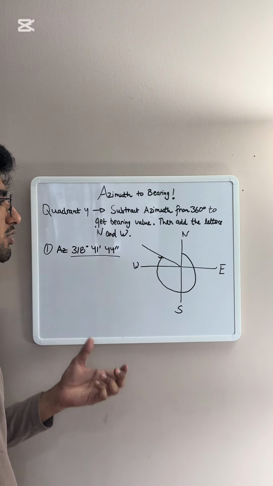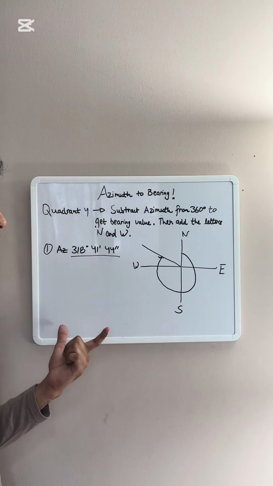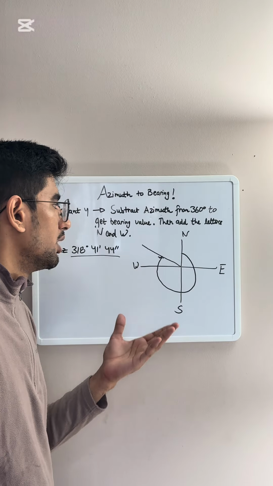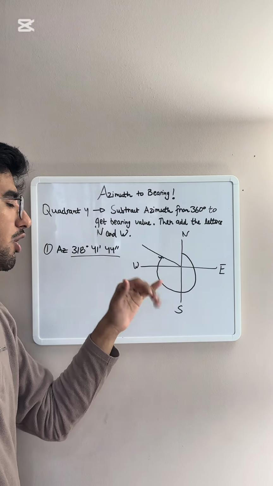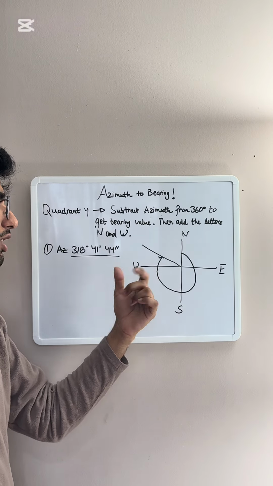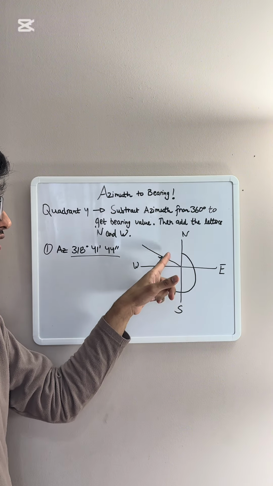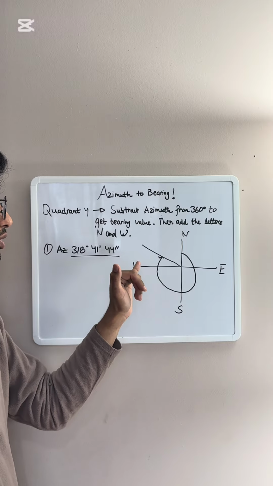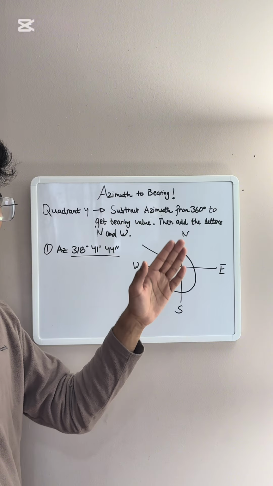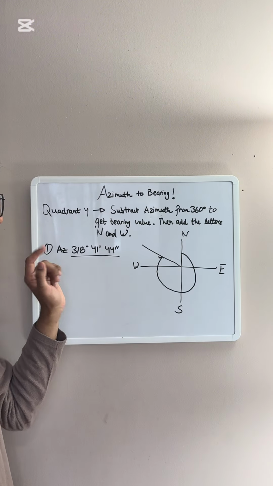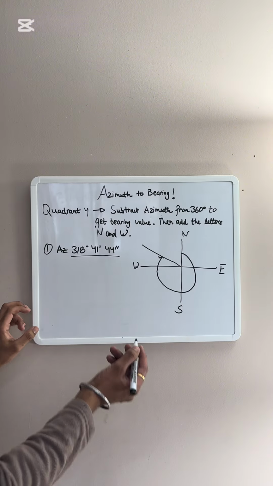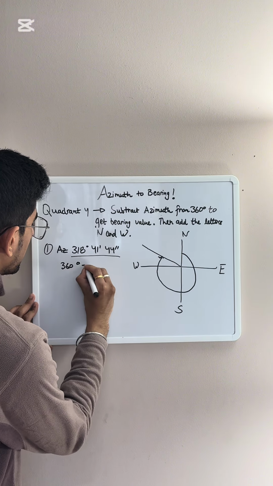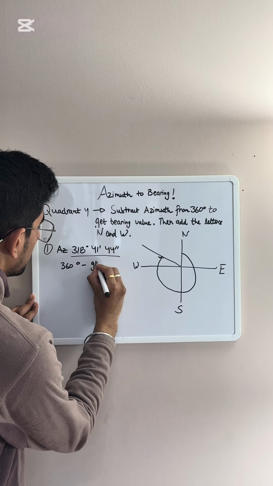We have to convert it into a bearing. Bearings are always referenced from north or south, and then go east or west. The nearest here is north, and it's towards west, so it would be north something west. So we subtract the given azimuth from 360 degrees.